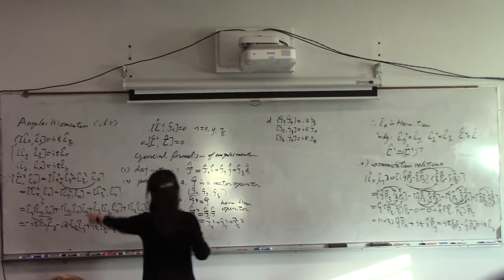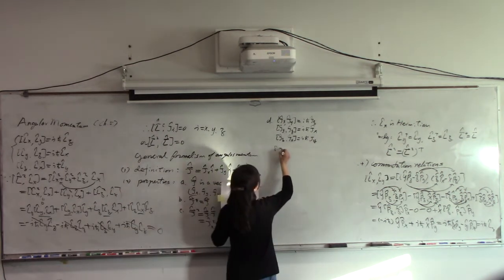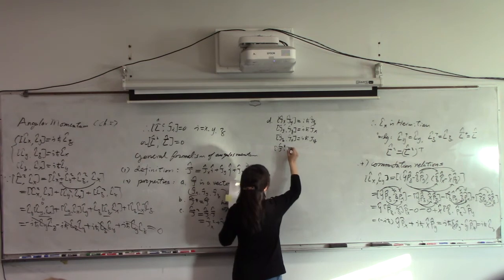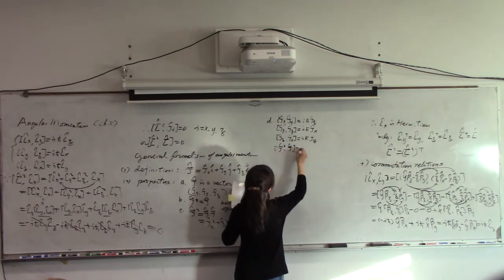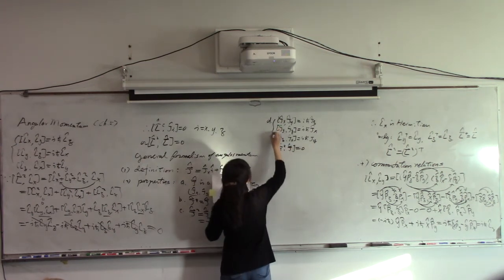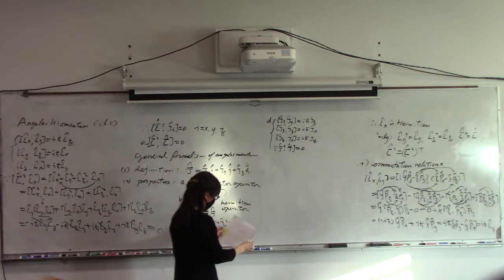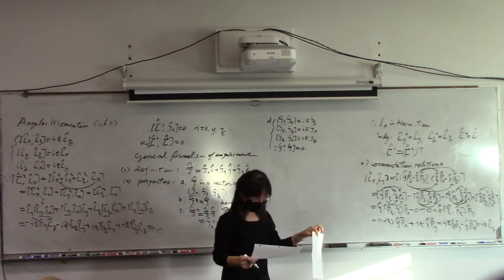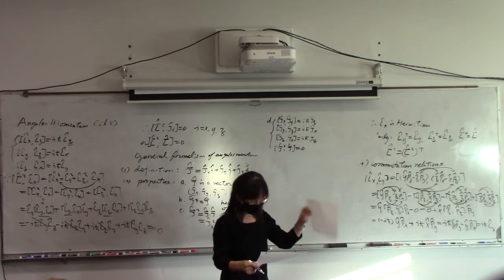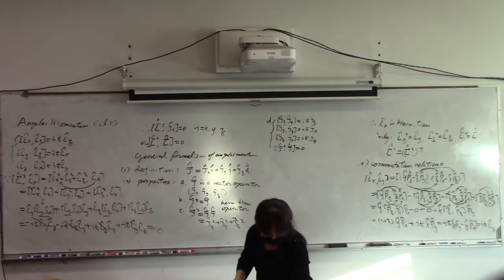And same thing here, and the J square commutes with any component. Yes, that is the property.